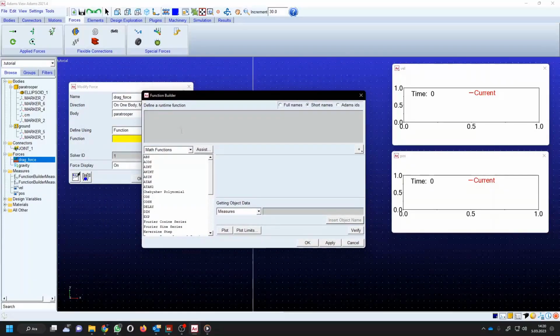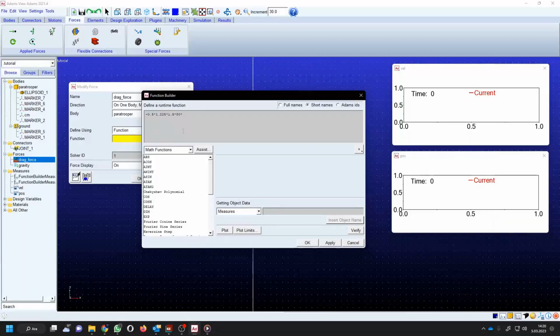If we remember our equation, it was minus 0.5 times air density times coefficient of drag force times projection area times v square, right?